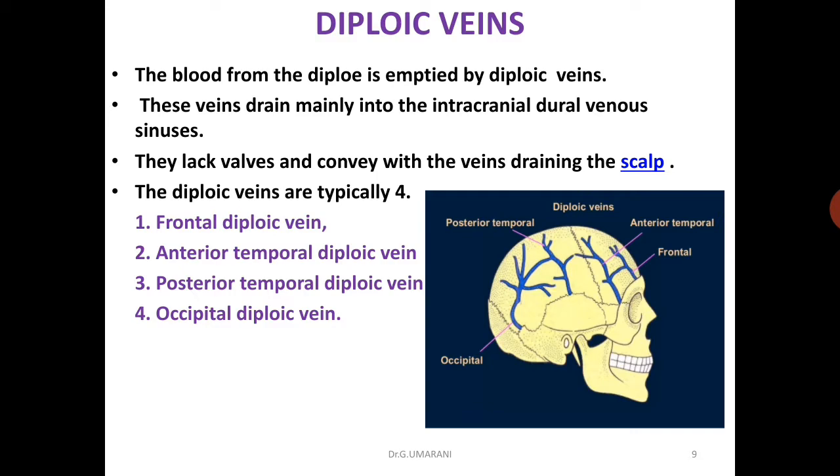These diploic veins drain into the intracranial dural venous sinuses. The diploic veins are 4 in number: the frontal diploic vein, which you can see in the image, anterior temporal diploic vein, posterior temporal diploic vein and occipital diploic vein.